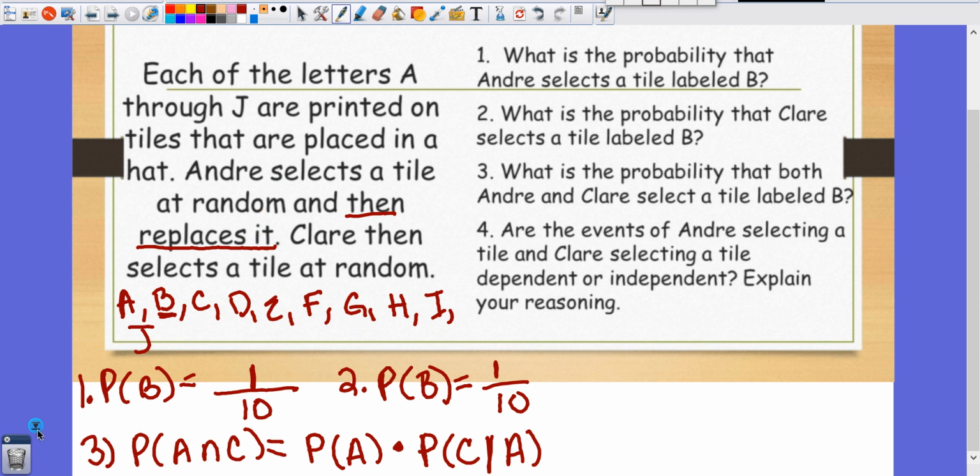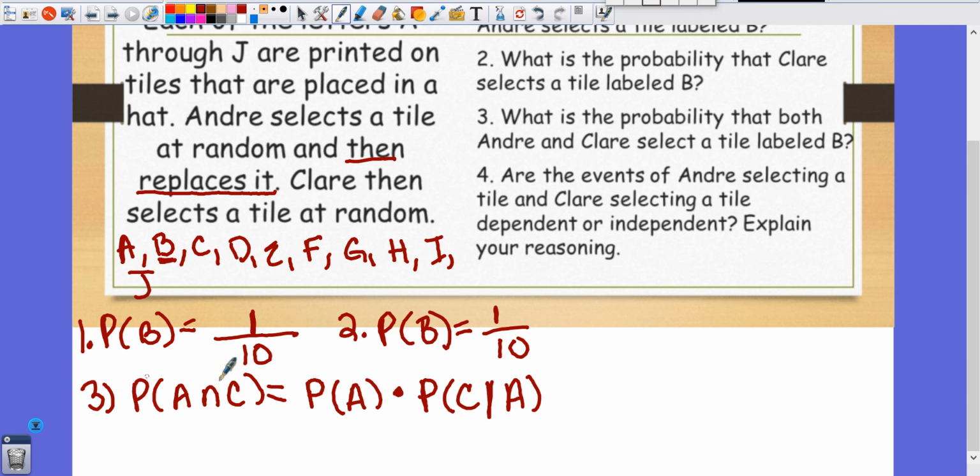So we're going to say this would equal the probability of Andre selecting the tile, which is 1 out of 10, times the probability of Claire getting the tile. Well, if Andre puts it back, that means Claire is going to have the same probability.